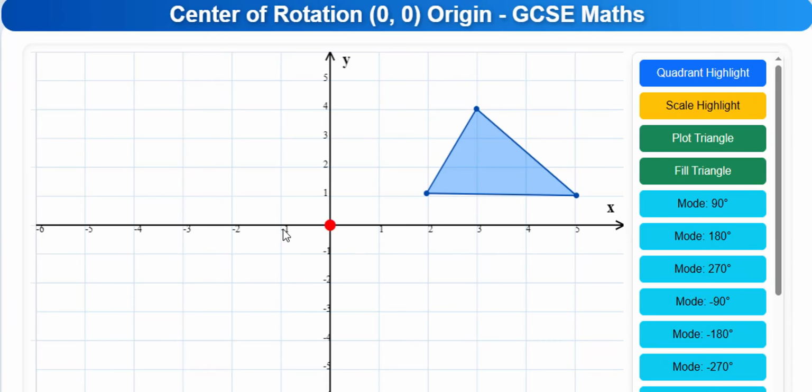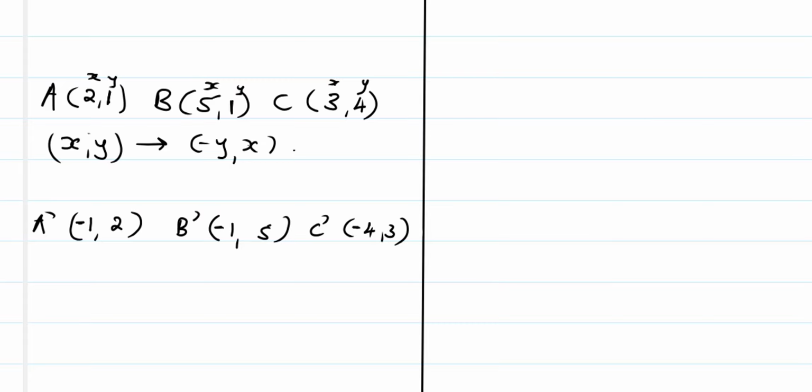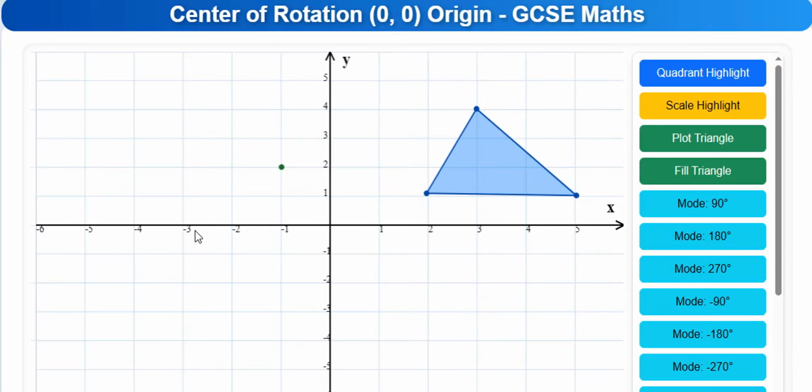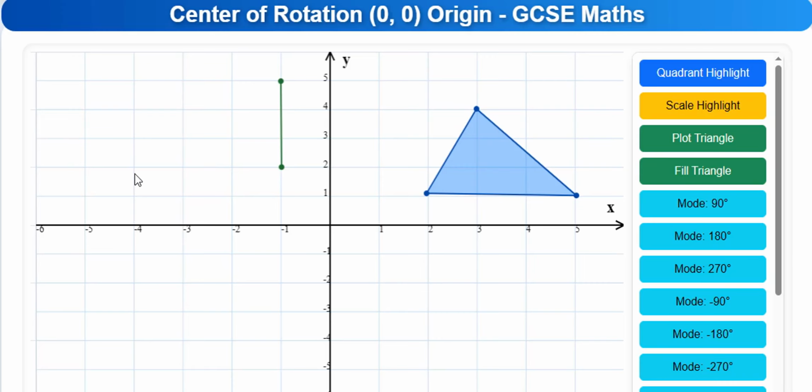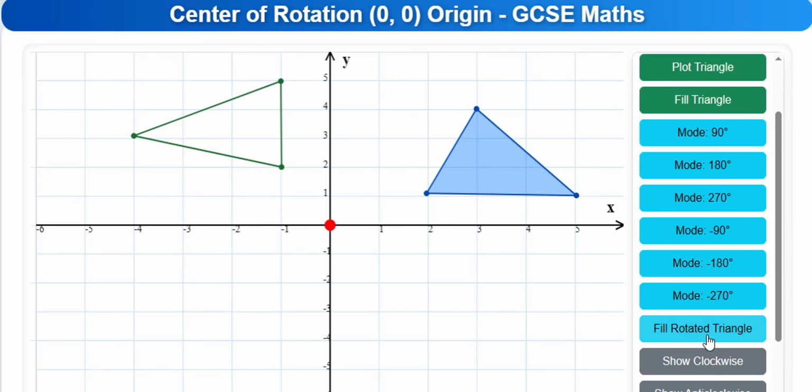So negative 1 here, then 2. Then we have negative 1, 5 somewhere there, and then negative 4, 3 somewhere there. As you can see, we have rotated that triangle 270 degrees clockwise.